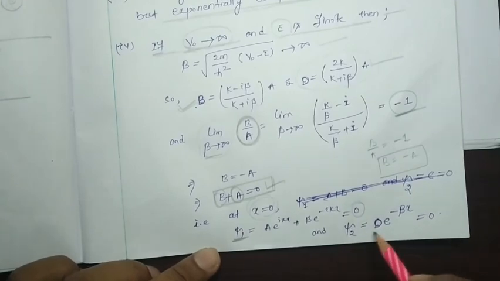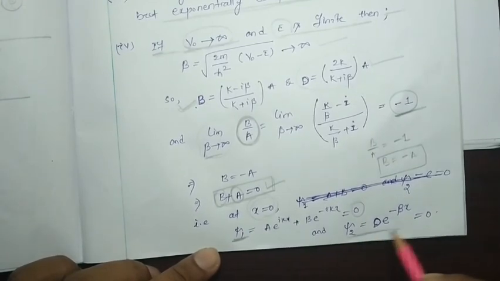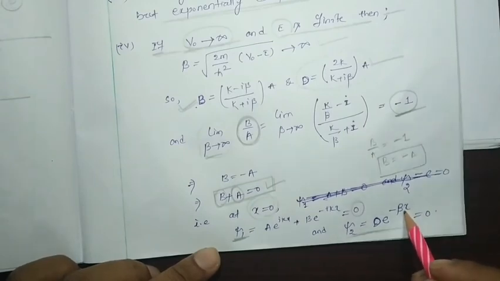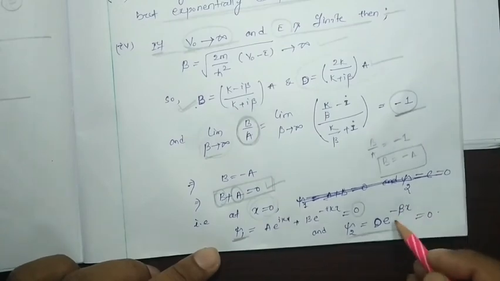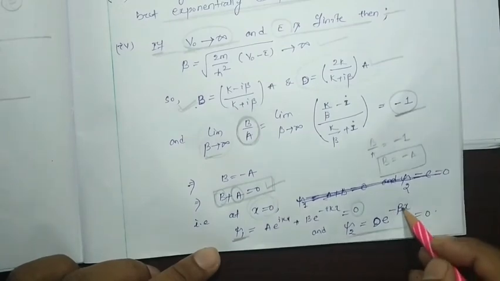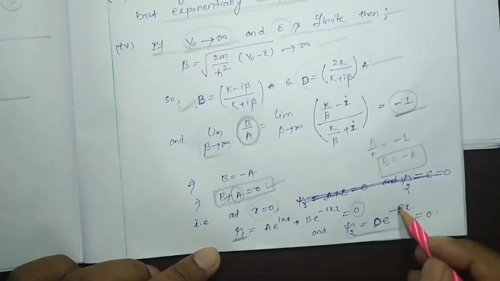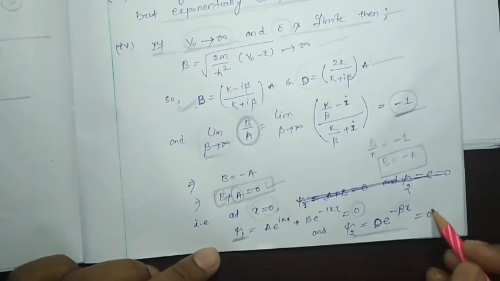And if we consider psi 2 at x equal to 0, beta already is infinite. That means e to the power minus beta, minus infinity, will give the value 0.